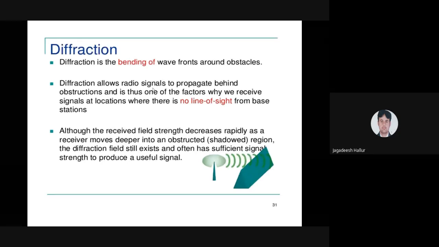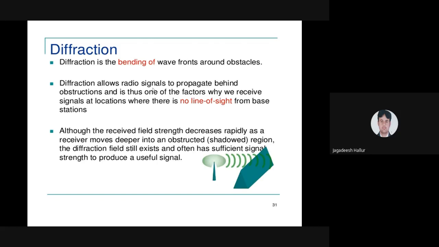There is no line of sight between the transmitter and receiver. If there is a line of sight, we do not get interference of signals. If there is no line of sight, other signals are going to interfere with the signal, so we get some delay at the receiver.